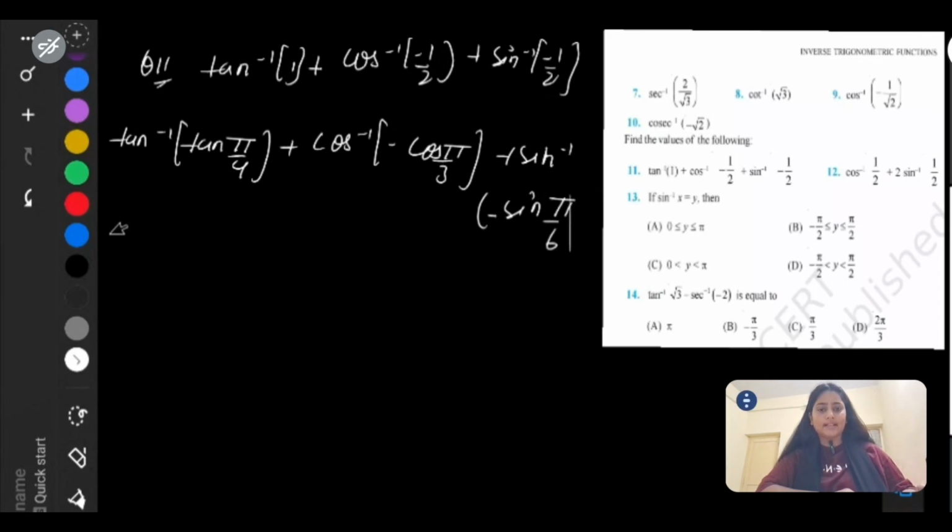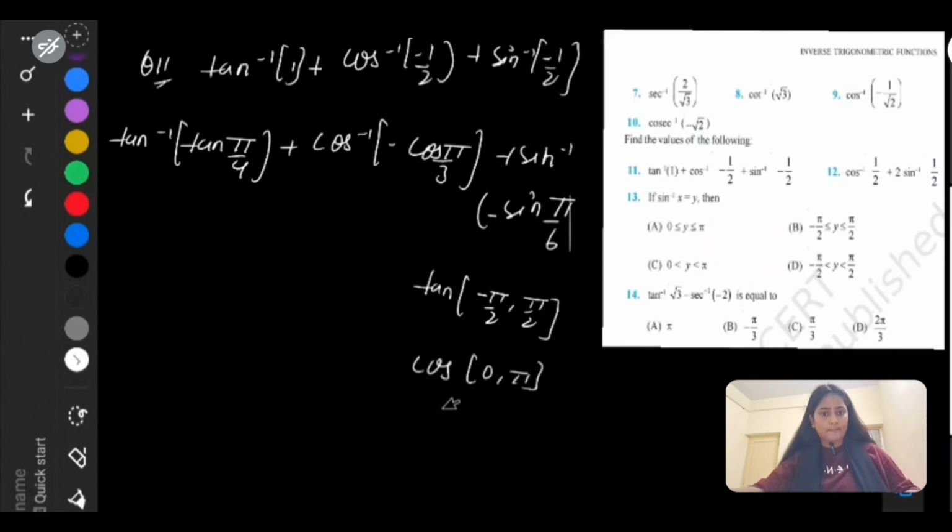Okay. Now in the next line, check the range of all the parts. The range of tan inverse is from minus pi by 2 to pi by 2. And the range of cos inverse is from 0 to pi. And sine inverse is from minus pi by 2 to pi by 2.